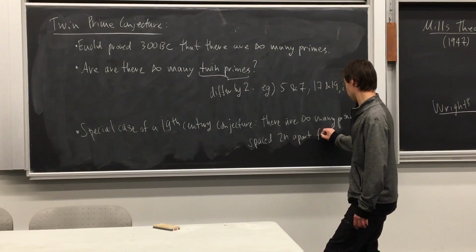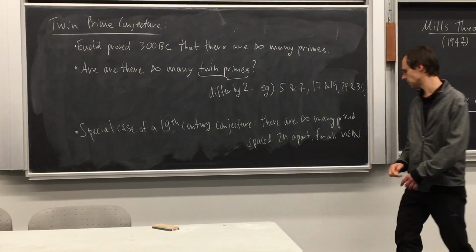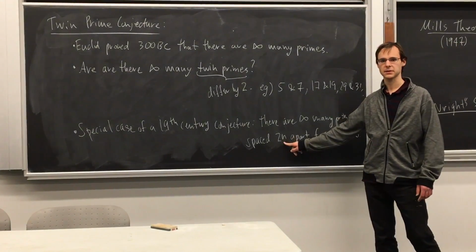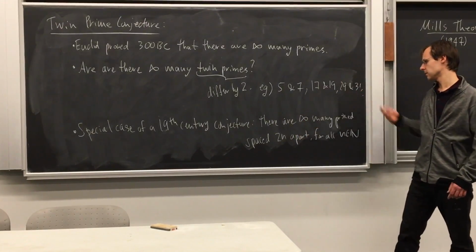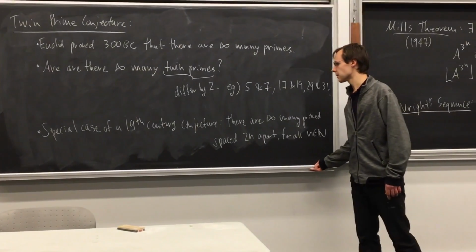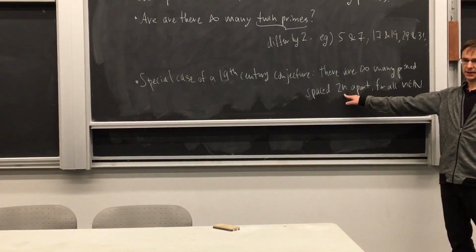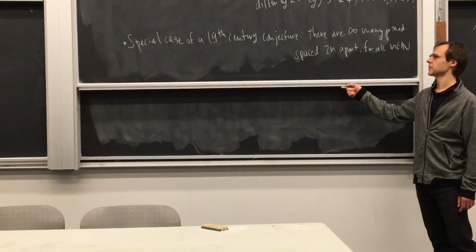For all n in the natural numbers. So the twin prime conjecture is the n equals 2 case. And then this is a more general conjecture. Of course, the conjecture hasn't been answered for any special cases, but there has been a little bit of progress made.